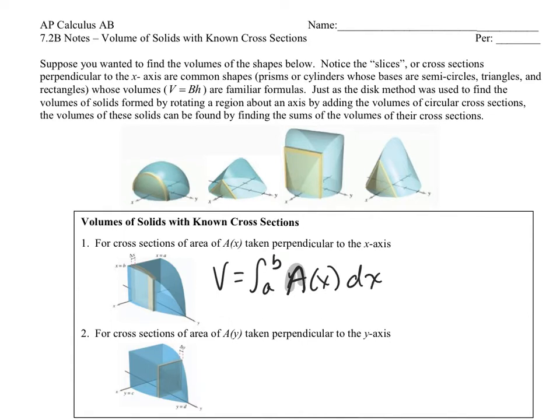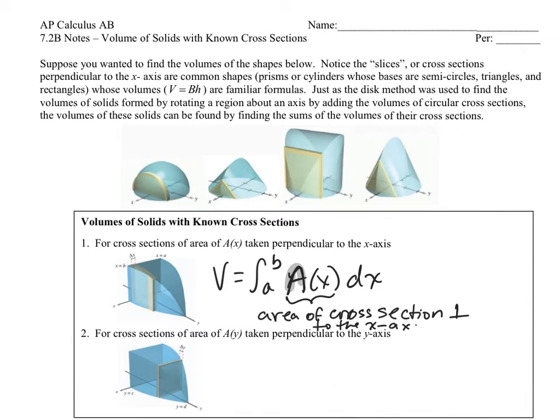In other words, this A of x would be the area of one cross-section perpendicular to the x-axis. That's the area of a cross-section, or a slice, if you want to think of it that way, perpendicular to the x-axis.